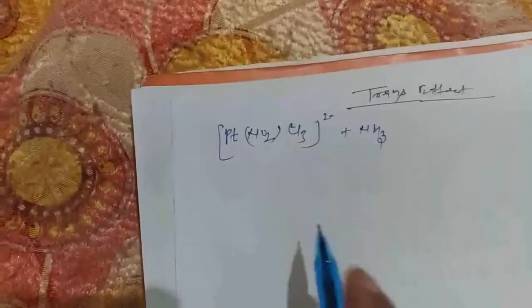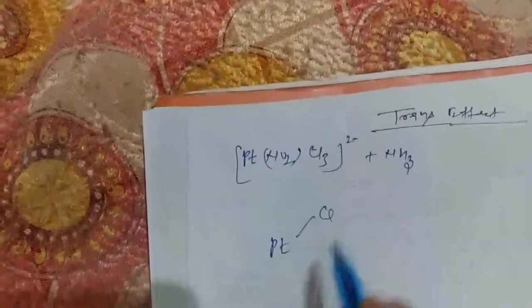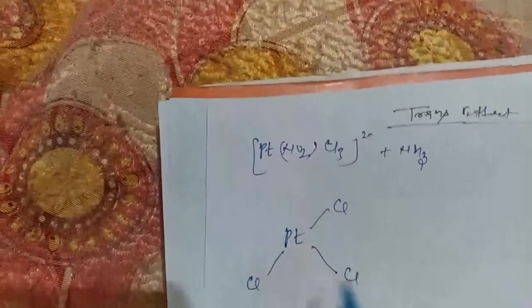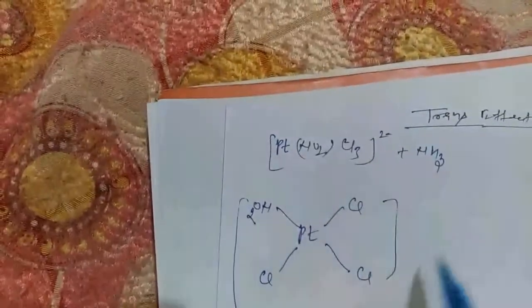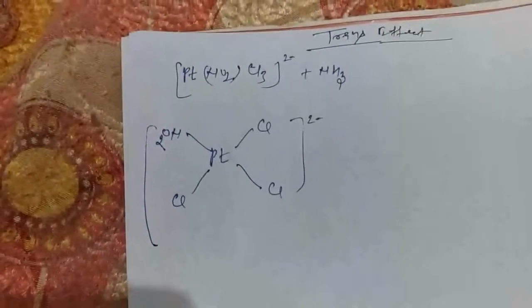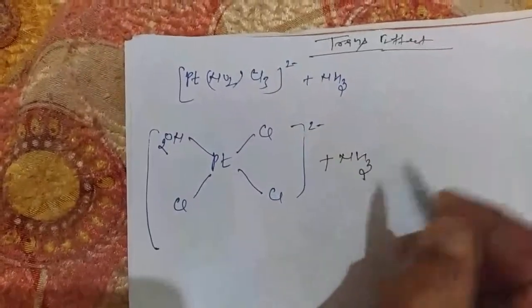So let's discuss it in a pictorial form. We have a platinum complex. I'm writing platinum, Cl, then Cl, then another Cl, and then NO2, and this complex is 2 negative.